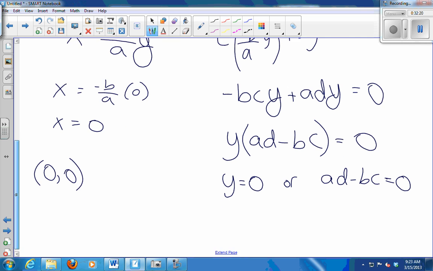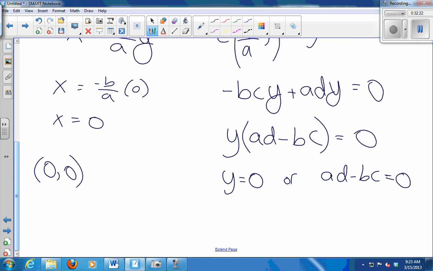And the only way I'm going to have another equilibrium point is if that equals 0. I'll only get another equilibrium point if AD minus BC is 0, because these are all constants. There's nothing to solve here, right? Those are just constants. And in the event that AD minus BC is 0, we'll find another equilibrium point.